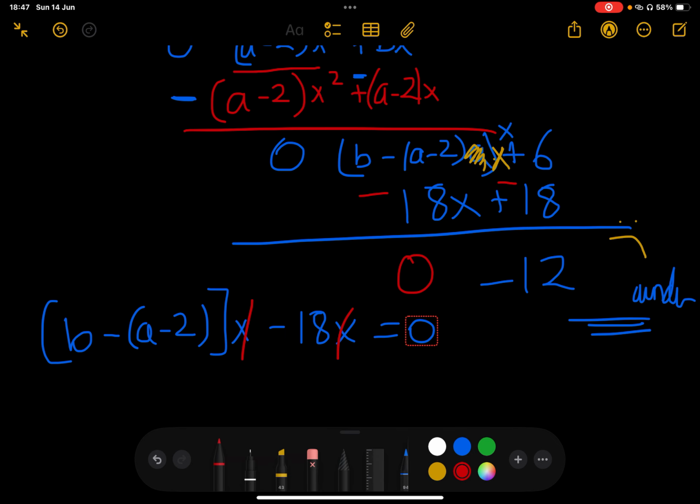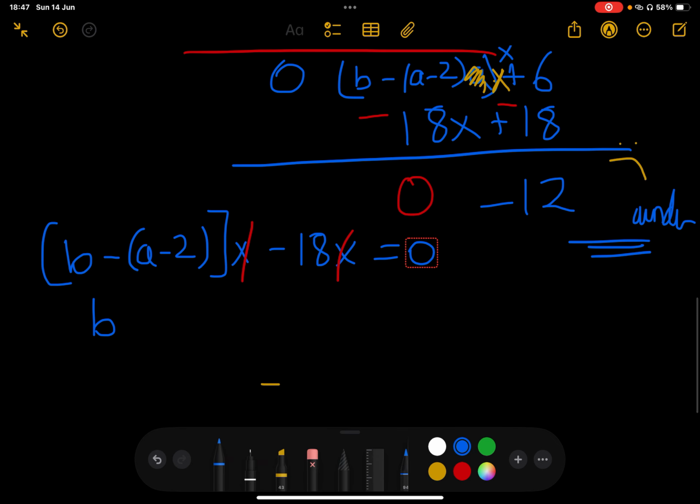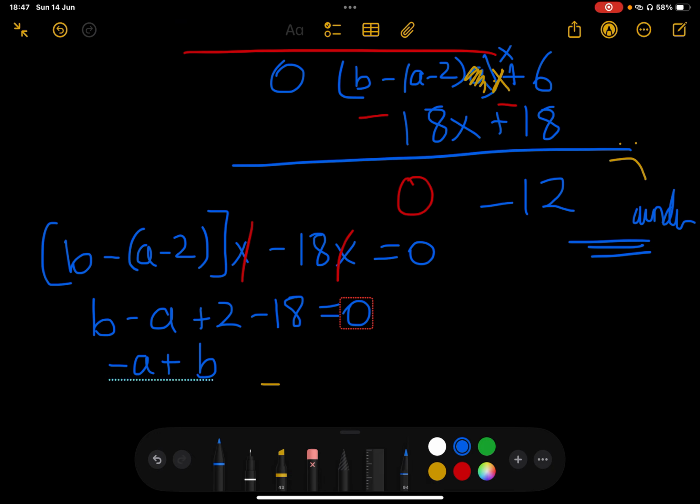Again, we drop these x's, and we get b minus a, minus is plus 2, minus 18 is 0. So minus a plus b, 2 minus 18 will be minus 16, and then we bring it to the other side, it will be plus 16. Okay, so this is our equation 2.